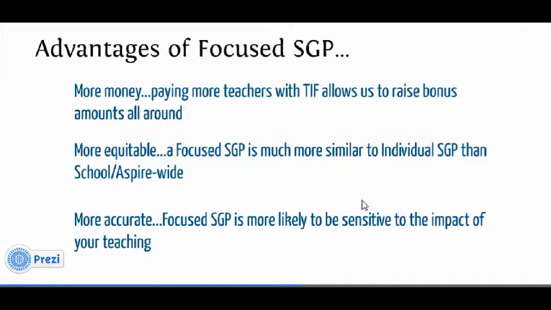A focused SGP is going to be more similar to an individual SGP because we're looking at growth from just the students that you teach, and on top of that, that growth score is going to be more sensitive to the impact of your teaching. Instead of getting 40% of your overall score from the growth of students that you don't even teach, you will have this focused SGP, which is more likely to be reflective of the influence that you're actually having over students over the course of a year.